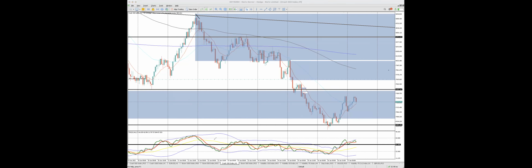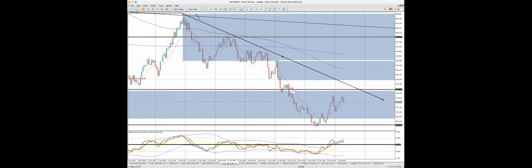Okay, let me use this. So you can see this price can actually come to this trend line here. On that trend line, it's meeting that zone as well that we marked.